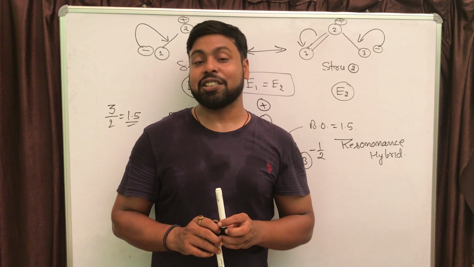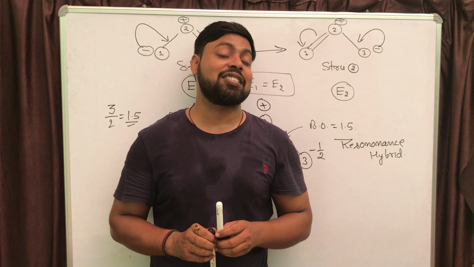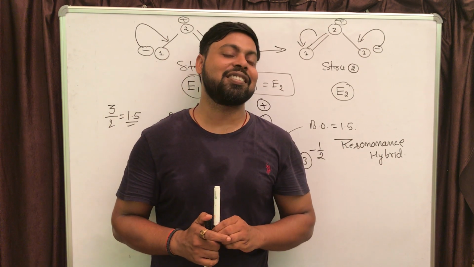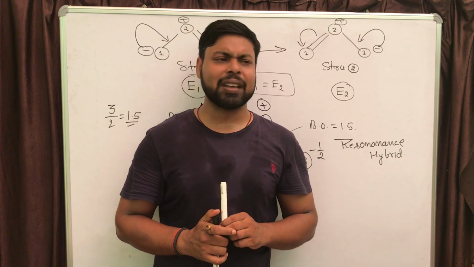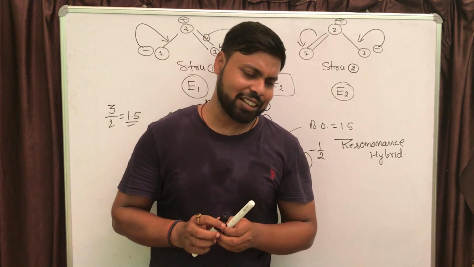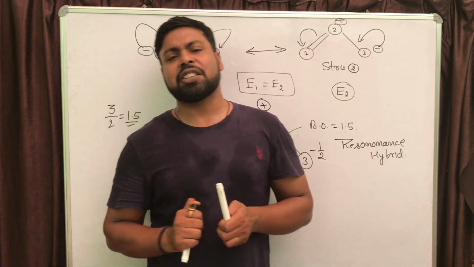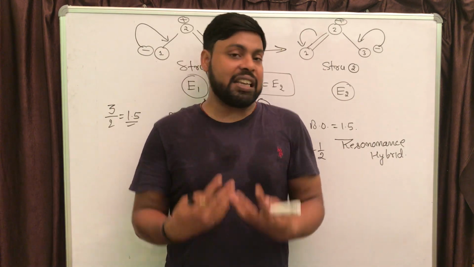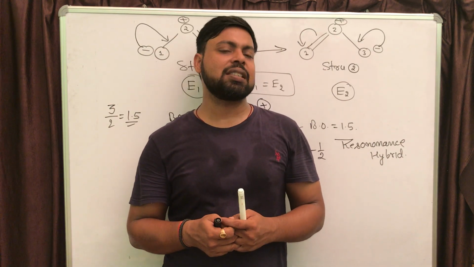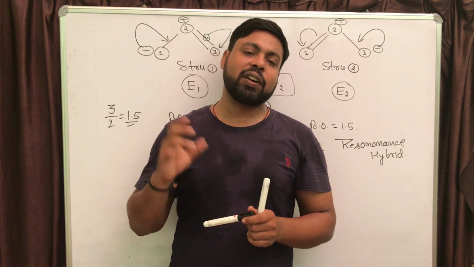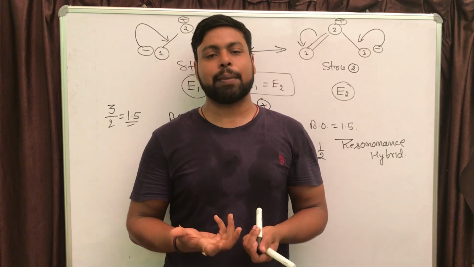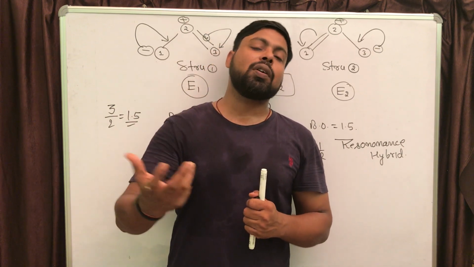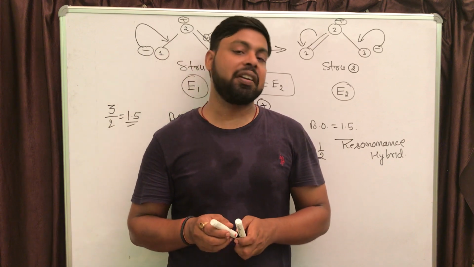If the energies of the resonating structures are different, then how can the hybrid structure be drawn? In that case, the resonating structure, the canonical structure, which has more stability, meaning lesser energy, will contribute more towards the hybrid structure.